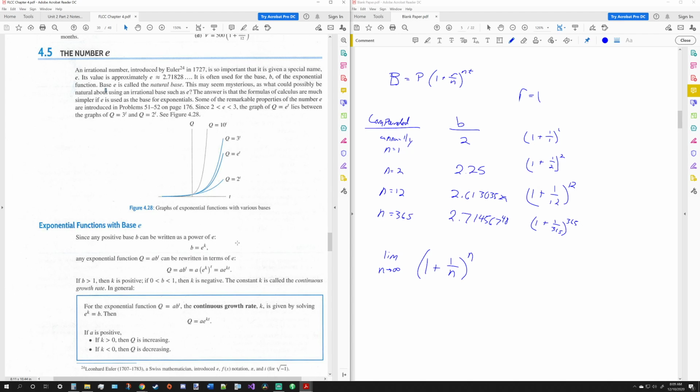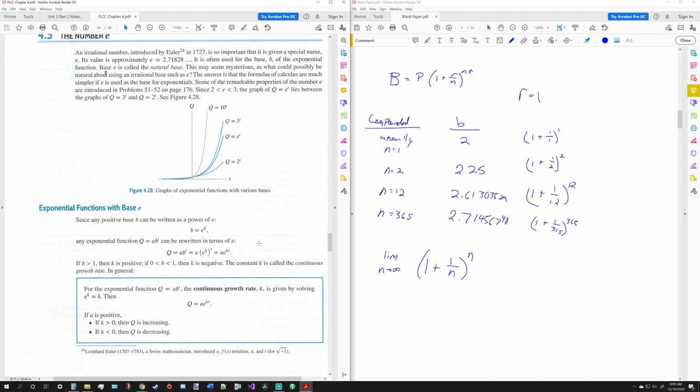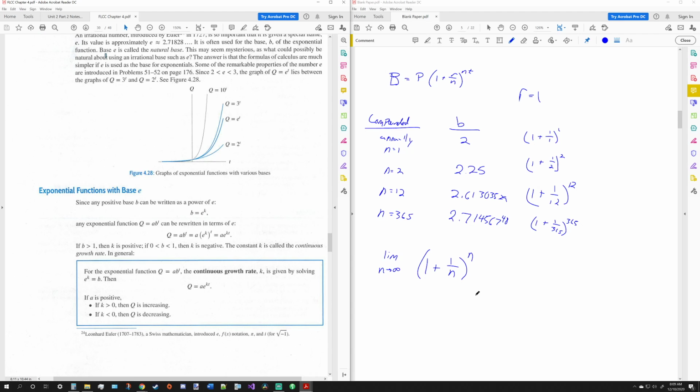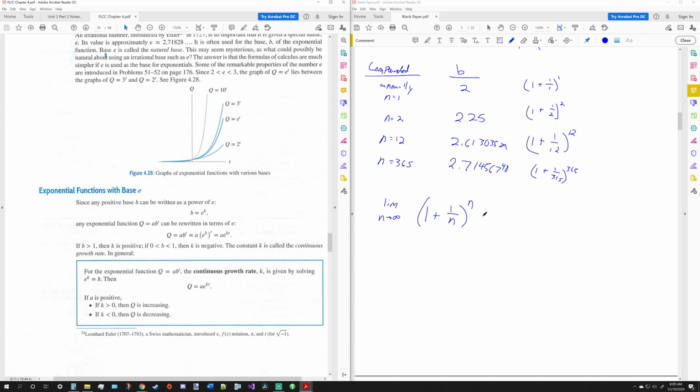It's an irrational number. So as the compounding continues and continues, we get to this e number. And so now we kind of just define that to be a value. It's approximately 2.71828. And there's a button for that on your calculator as well.